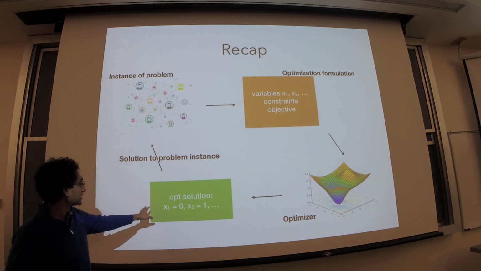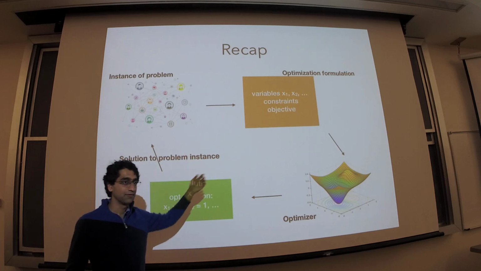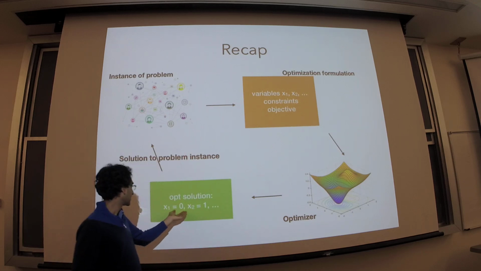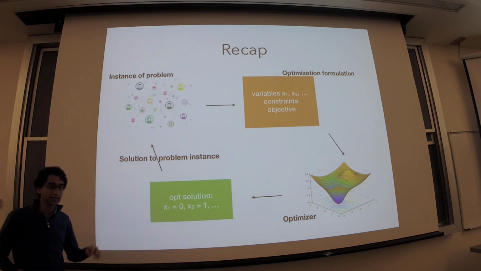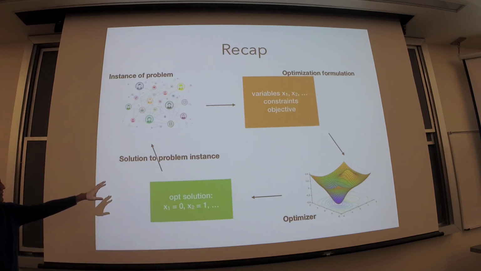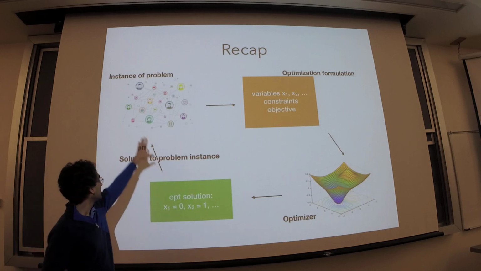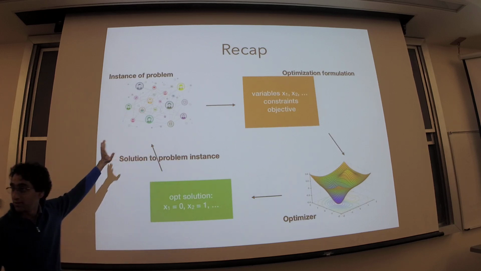And the optimal solution can look like this. In general, if it's a continuous optimization problem, it can look like 0.5, 0.4, something like that. The key point is that from here we need to get to a solution to the original problem.